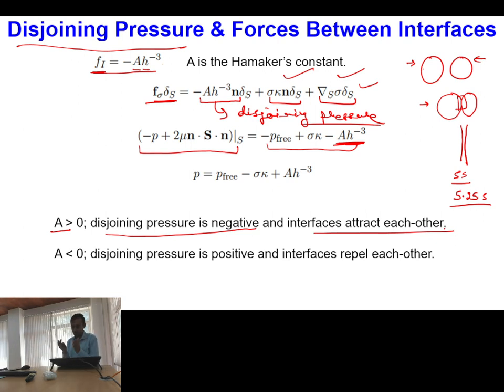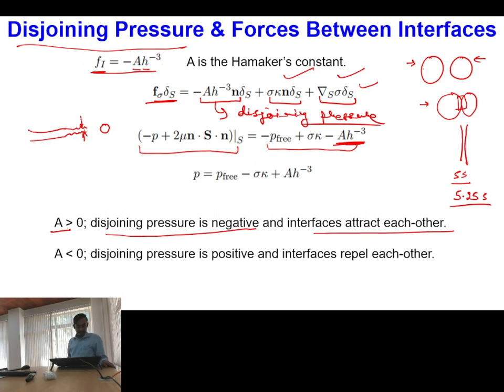Say one is two bubbles coming to each other; or you can say you have a water jet, and this water jet is having formation of instabilities, because of which it breaks into droplets. There also, the pressure pushes against that, and from the interface there will be some disjoining force.